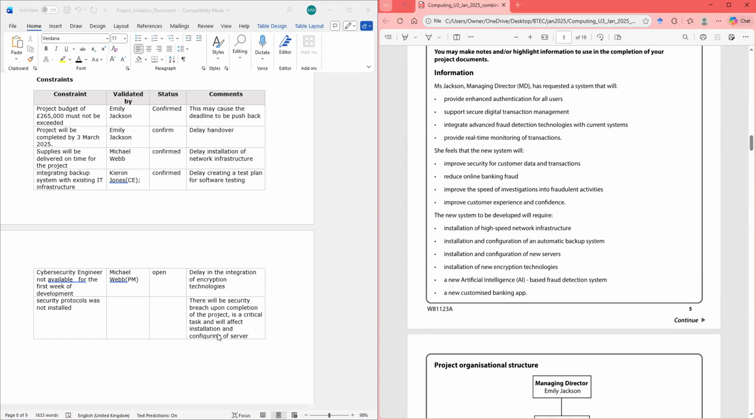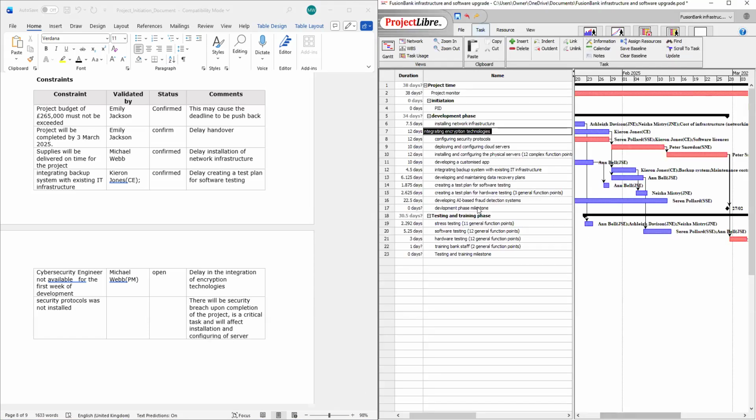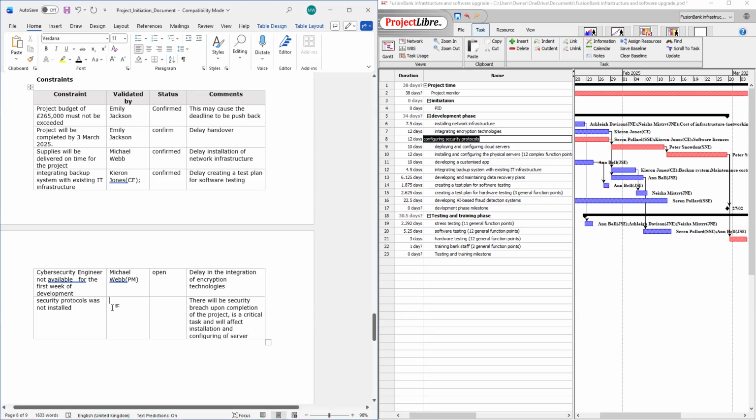And it's also a critical task and it will affect installation of the server, which is here. It is a critical sub, and then installation of server, testing. So, right, and this will be confirmed by configuration of that. Senior software engineer, Serene Pollard. So Serene would be doing this.